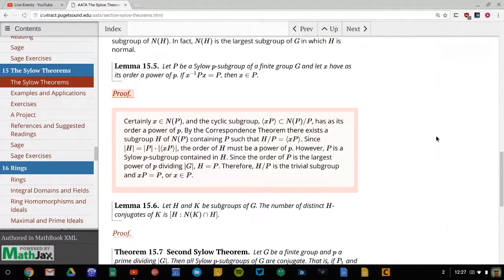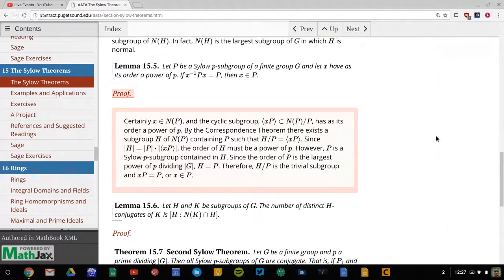So by the correspondence theorem, there is some subgroup H of the normalizer which contains P, such that when you form the factor of H by the normal subgroup P, you get the subgroup generated by XP.